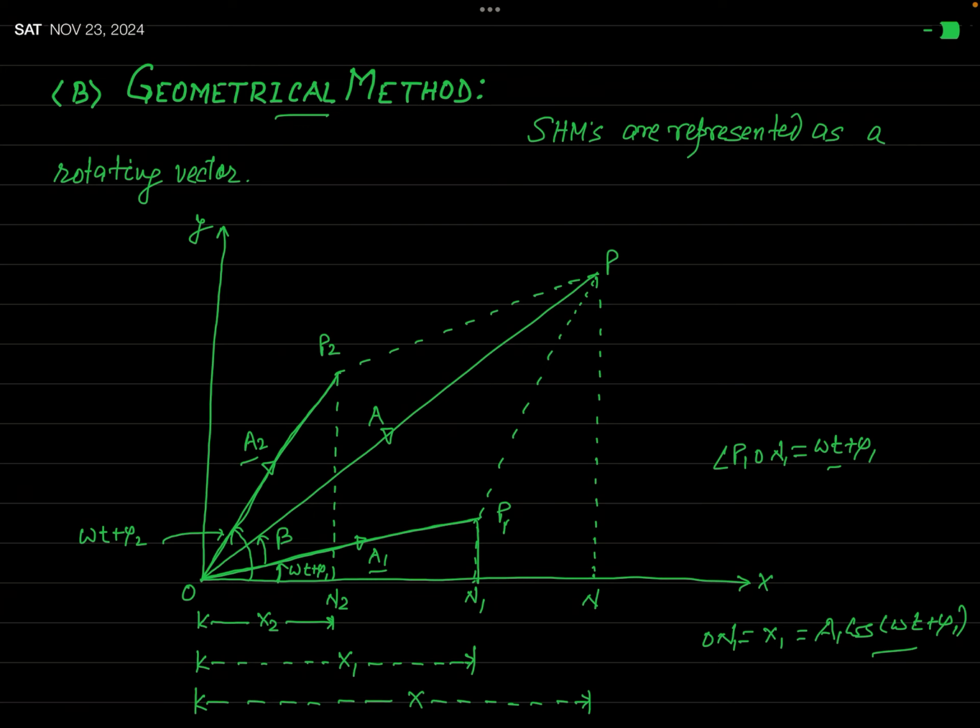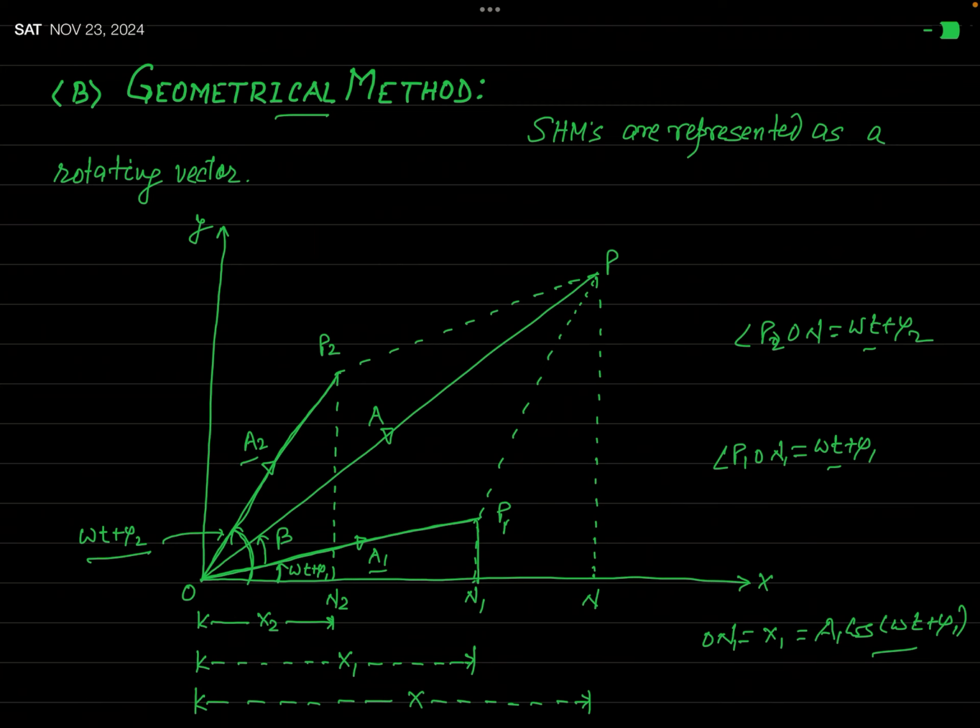And this rotating vector A2 or OP2 makes the angle omega t plus phi 2, that is angle P2ON is equal to omega t plus phi 2, which is the angle made by this rotating vector A2 with the x-axis at any time t.